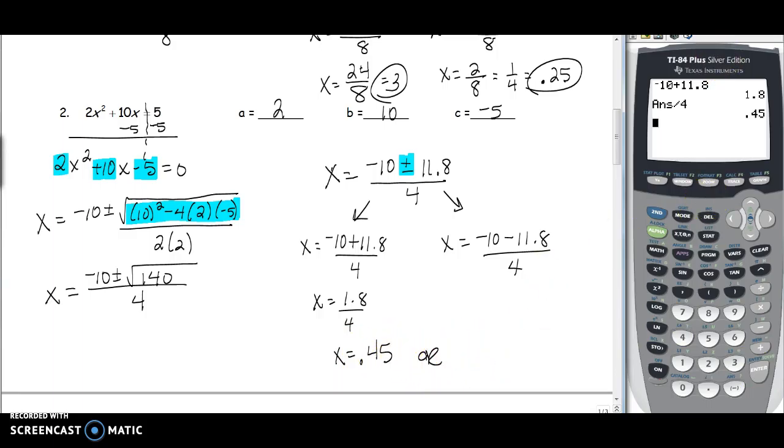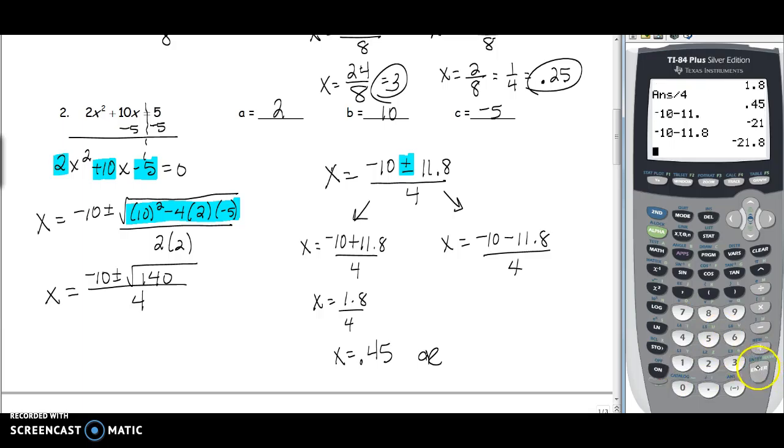Or we can have the other one where we would have negative 10 minus 11.8, which gives us negative 21 point 8 divided by 4.